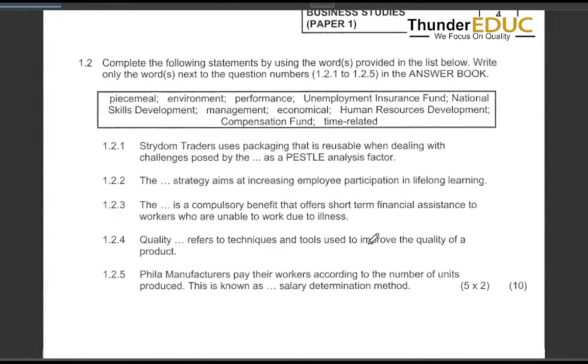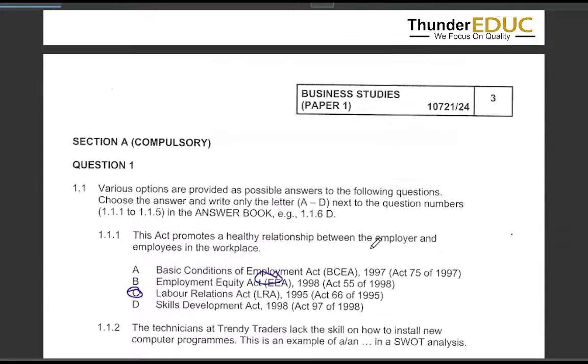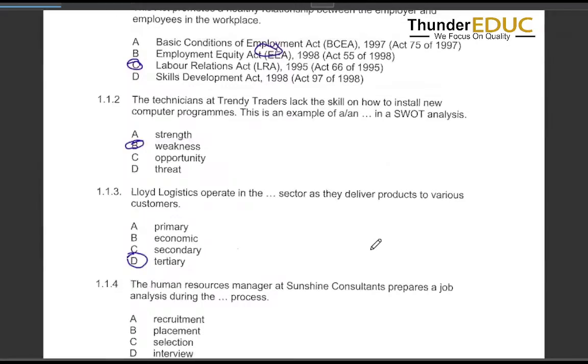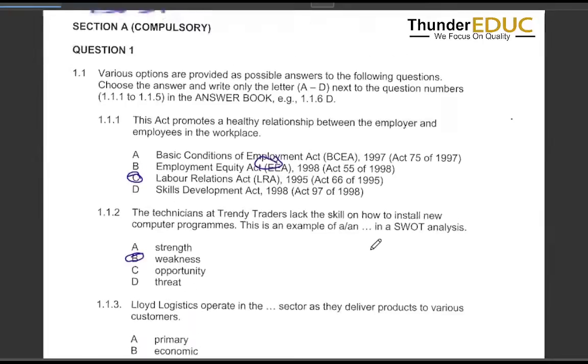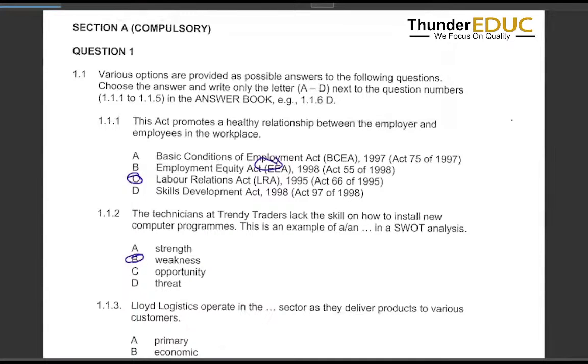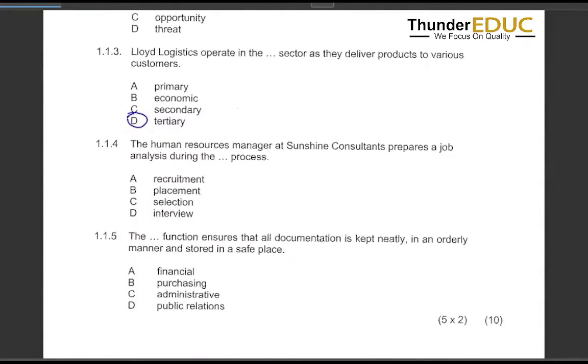Okay, right, grade 12. So now let's move on to 1.1.4. It says that the human resources manager at Sunshine Consultants prepares a job analysis during the dash process. Given the options, our appropriate answer in this regard is going to be recruitment.